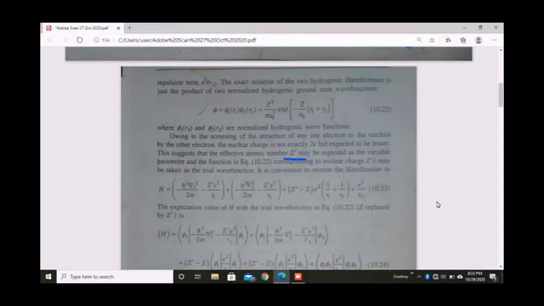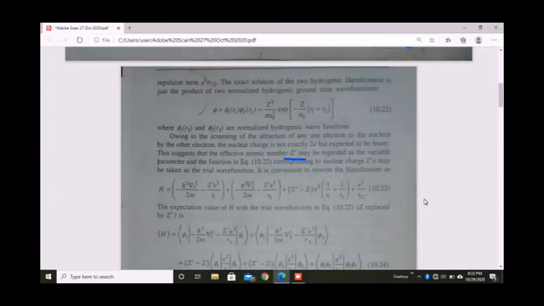This is due to the screening of the electron. It is called the Coulomb screening. This makes an effective reduction, that is Z tends to Z bar, which is taken as a variational parameter.